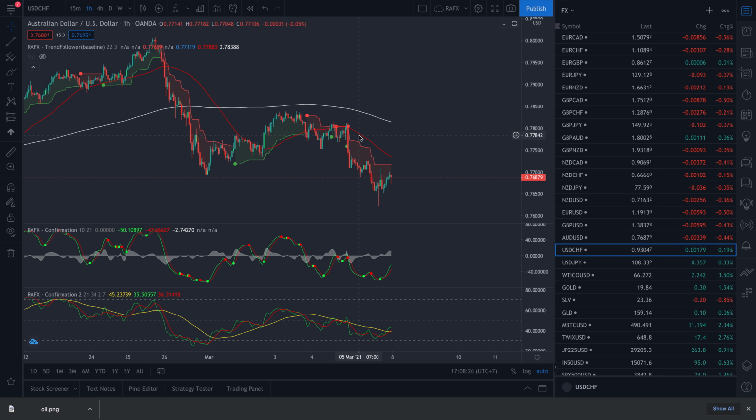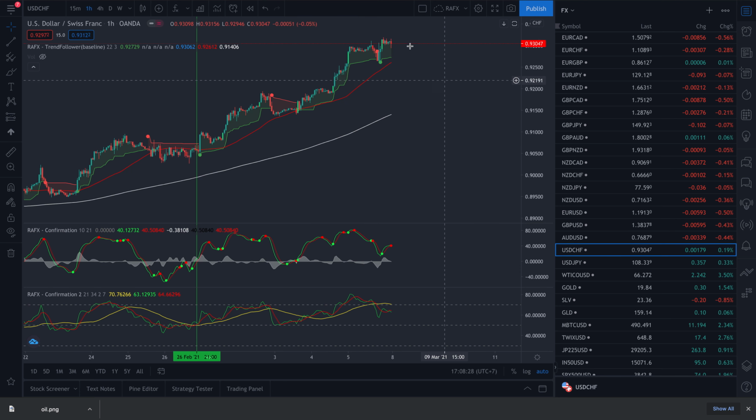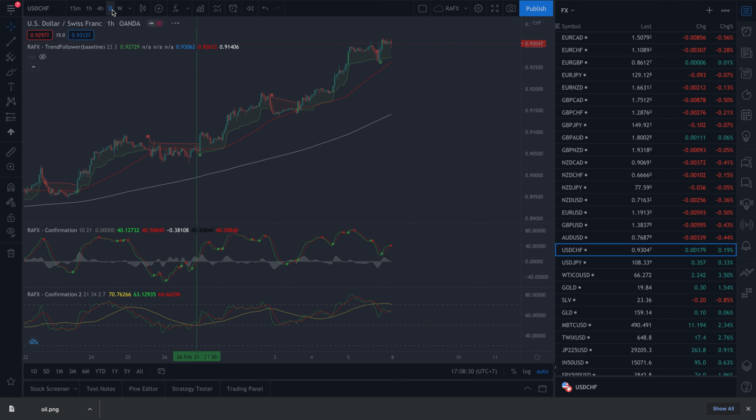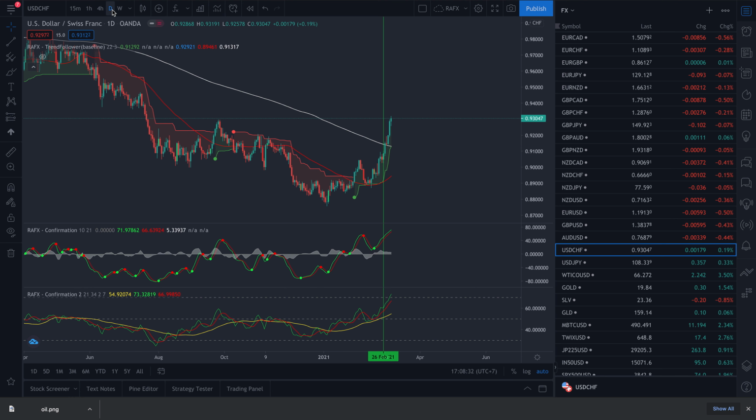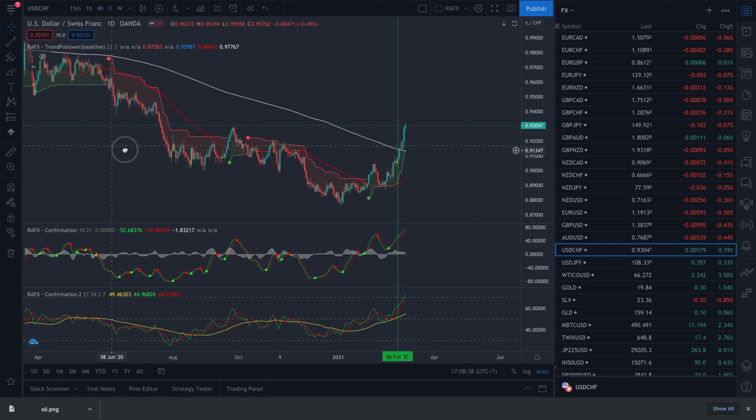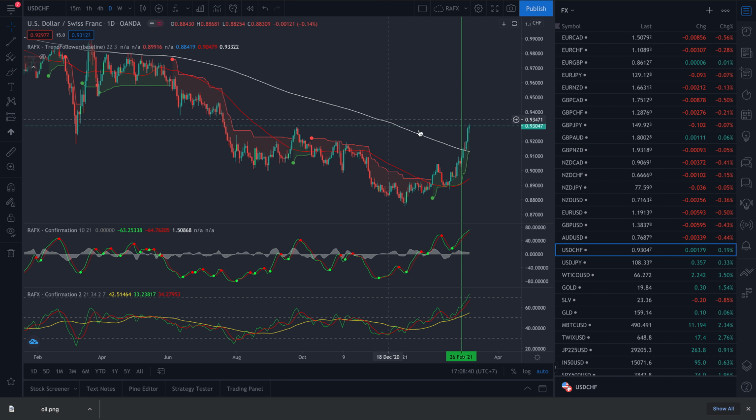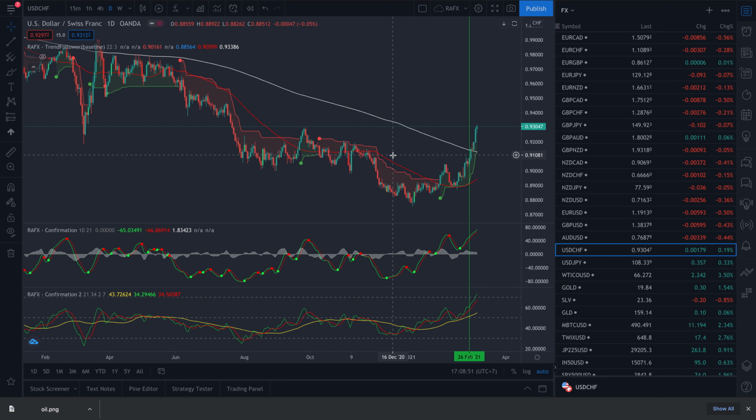Okay, next is USD CHF. So USD CHF in the daily is okay. It just broke out on the 200 baseline, meaning this was a downtrend and the uptrend just started, so this is a good one, it's a candidate.